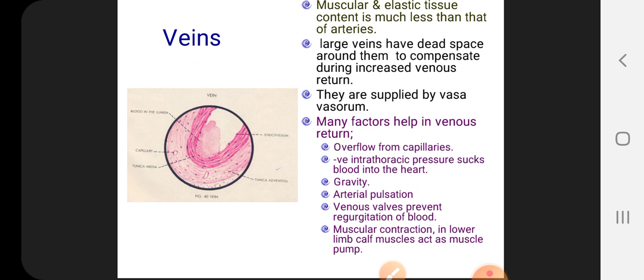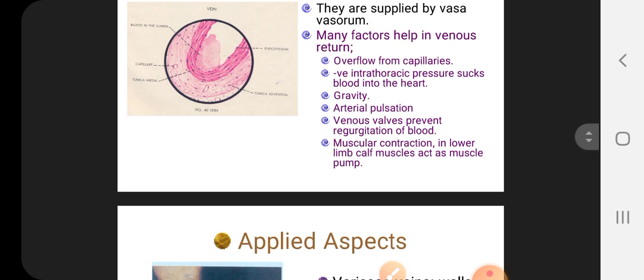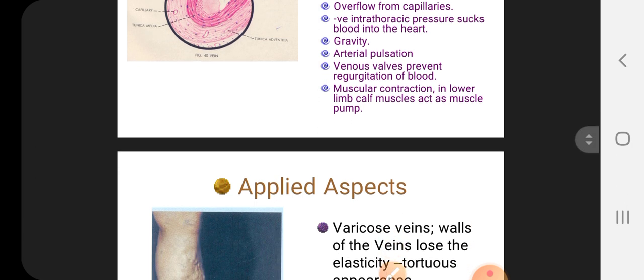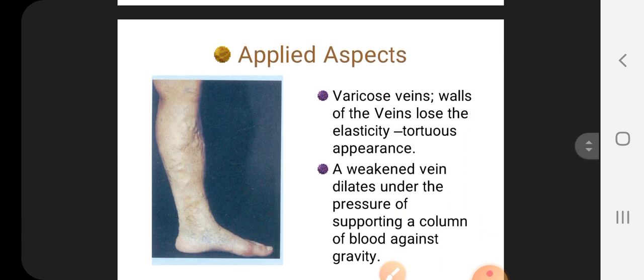Number 2, negative intrathoracic pressure sucks blood into the heart. Number 3, gravity. Number 4, arterial pulsation. Number 5, venous valves prevent regurgitation of blood. Muscular contraction in the lower limb: calf muscles act as a peripheral pump or muscle pump.